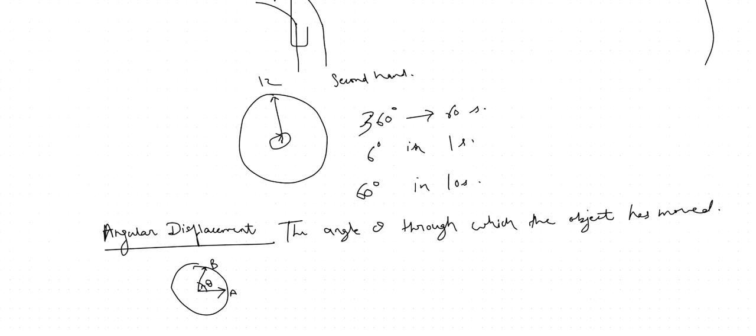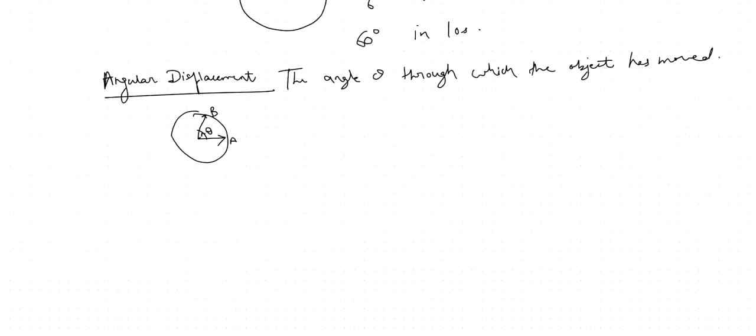right? But when we are dealing with circular motion, we should measure angles in radians rather than in degrees. So how to measure in radians? Let's say when the object has moved from A to B, the length of the arc covered is S and the radius of the circular path is R, right?